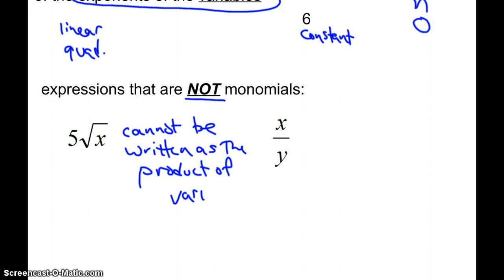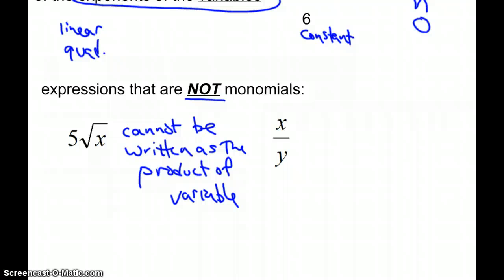Typically, when we're talking about monomials, we want whole number exponents, and the square root of x is not a whole number exponent.